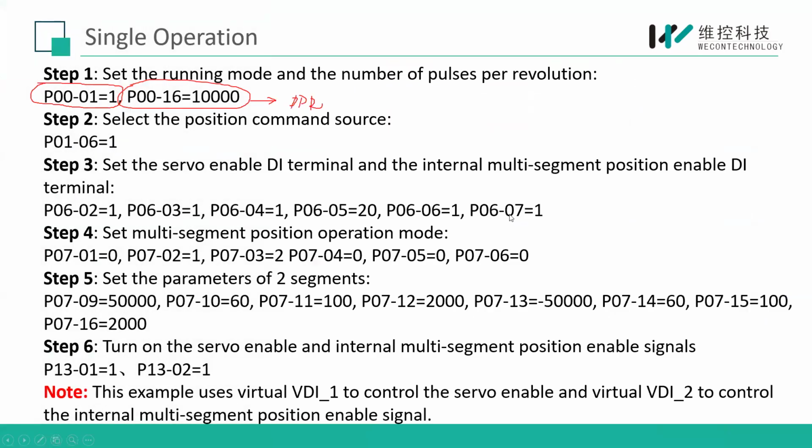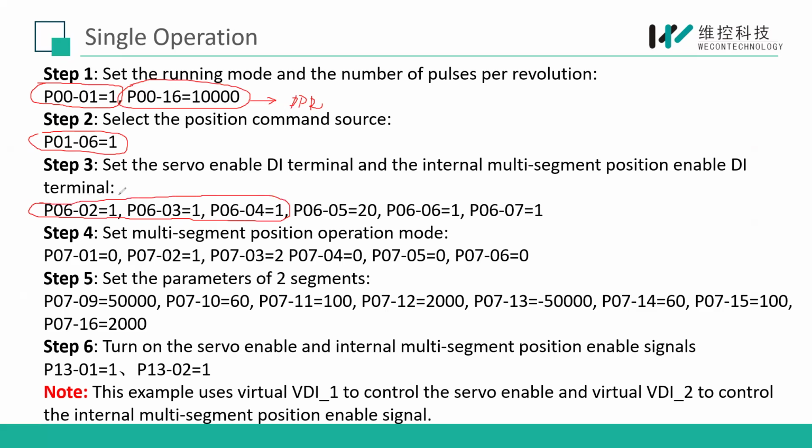And this is our position source. 1 means internal position mode, and 0 means pulse control. And next, we need to set the DI. Here, DI2, DI3, and DI4 set to 1.